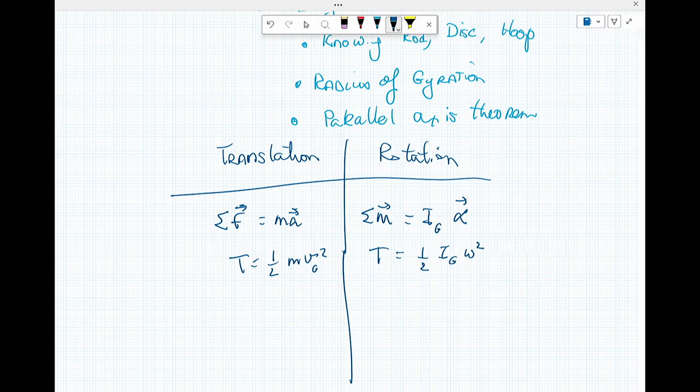Finally, linear momentum is just mass times velocity of the center of mass, and angular momentum is IG omega. The first and third terms are vector quantities. The second term is a scalar quantity.